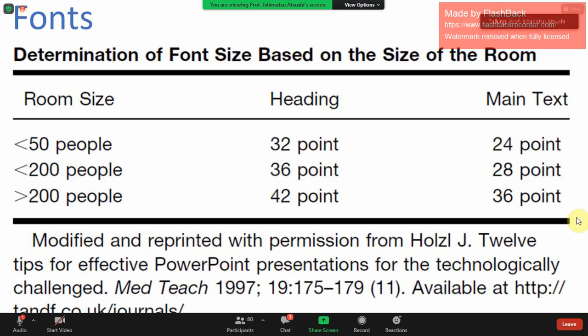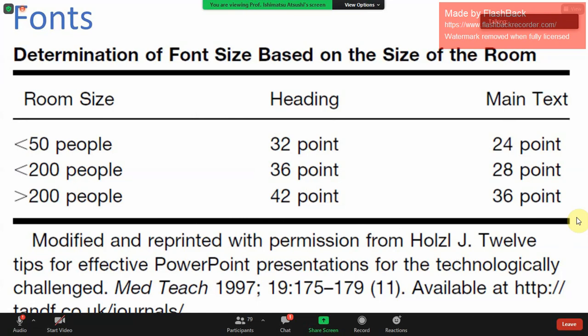If you can anticipate the number of people attending your talk, the recommendation is like this: headings for fewer than 50, fewer than 200, or more than 200 people, and the text better be at least larger than 24 points.